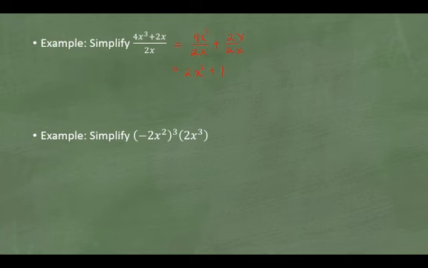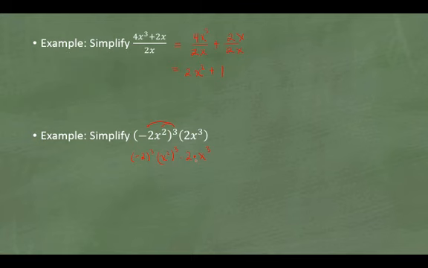For the next one, we're going to make sure that we use the distributive property first. So this reads negative 2 cubed, the entire negative 2 cubed, and x squared cubed, then times 2 times x cubed.